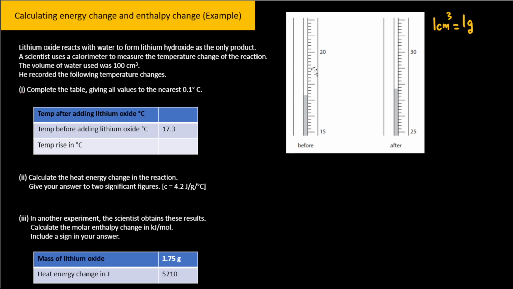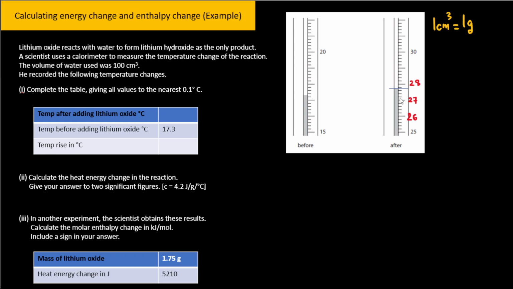So when you do this chapter, it's important that you know how to read the thermometer. They already give you the temperature before adding lithium oxide, which is 17.3. After adding the lithium oxide should be, let's see here, it's this mark. Let's do this together. This is 25, so this is 26, 27, and 28.